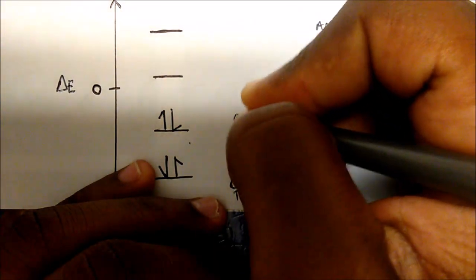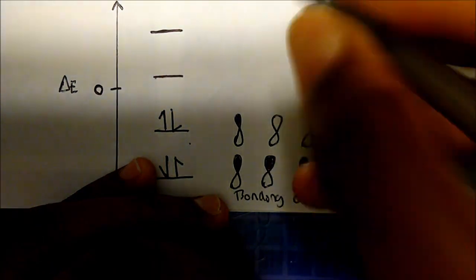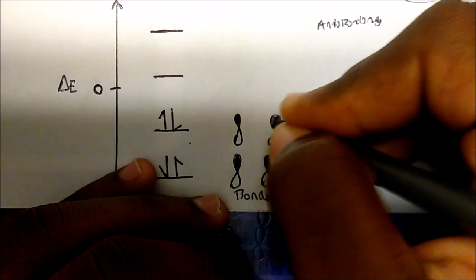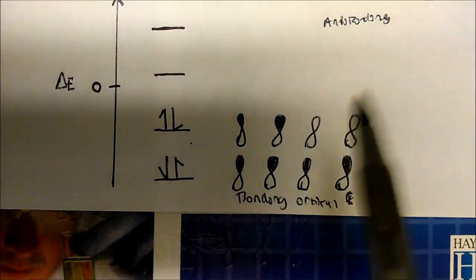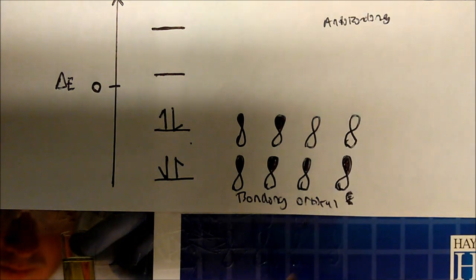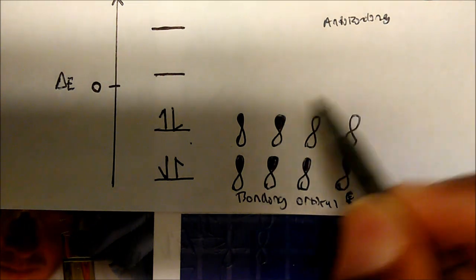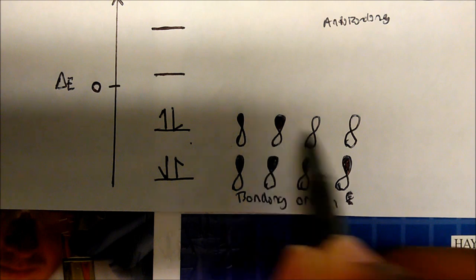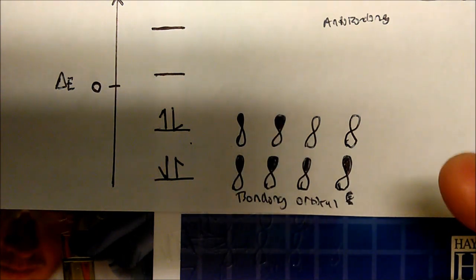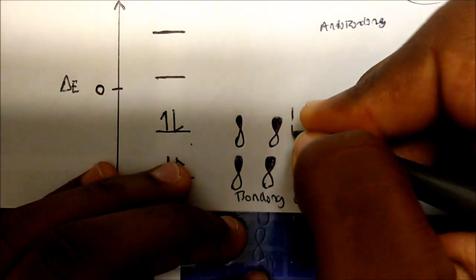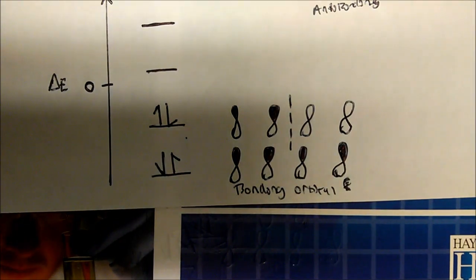I'm going to show that there's a bond between these. But remember, we said that the higher we go, we start increasing nodes. So where do we split these 4 s's in order to show that there's symmetry? Well, I have to split it here, so we're going to show that there's a node here.